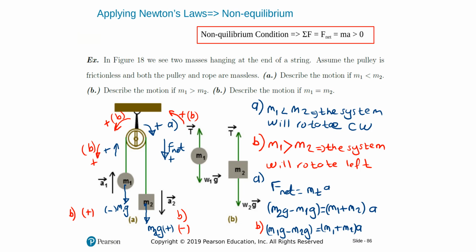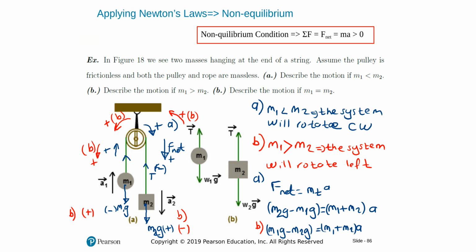Notice that I ignore the tension force here, because in either case, when I'm considering the whole system, they cancel. For part A, for example, tension is up here, so it's negative, not positive.